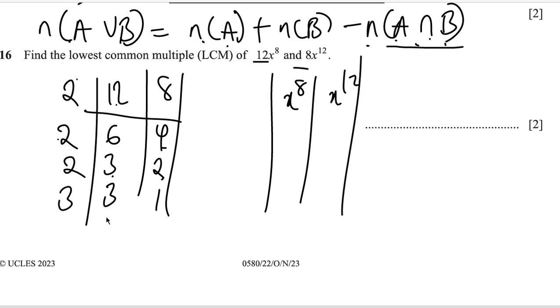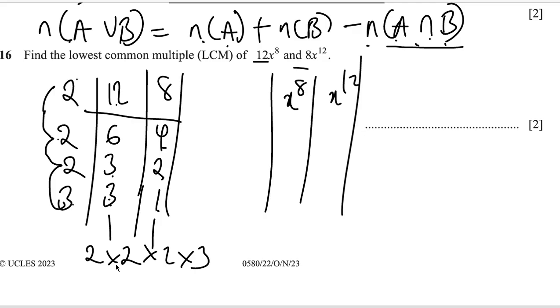So 3 could go here. 3 divided by 3 is 1. Since 1 divides perfectly, we bring down 1. Everything is done. So we're then going to have 2 times 2 times 2 times 3. 2 times 2 times 2 is 8, and 8 times 3 is 24.